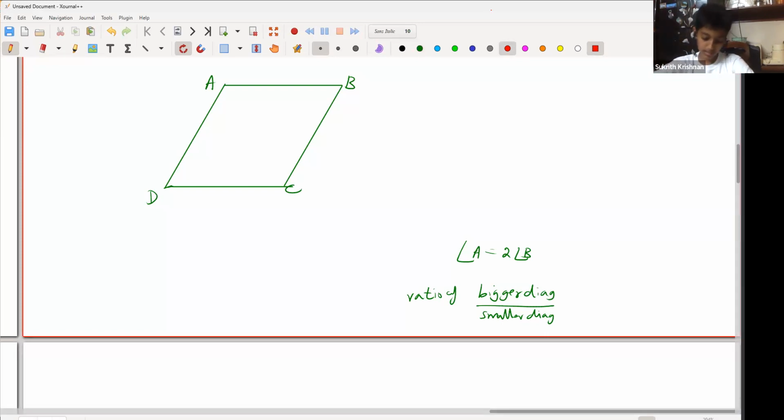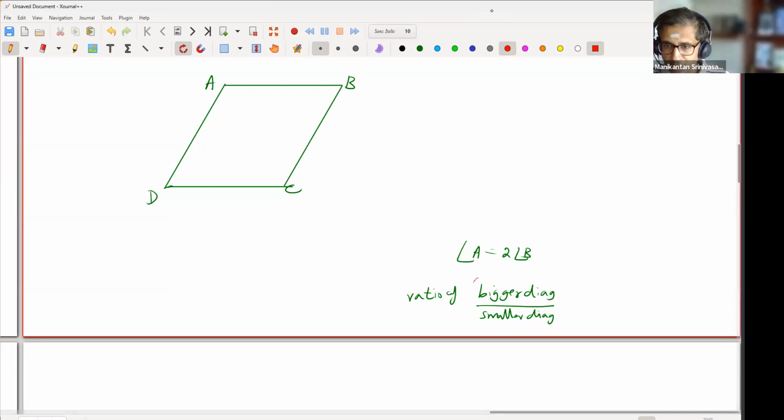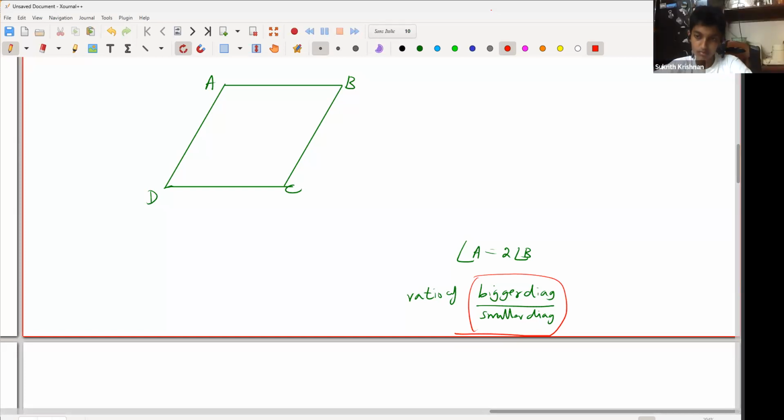Sorry, can you repeat the question? Ratio of the bigger diagonal to the smaller diagonal, the length of the bigger diagonal to the length of the smaller diagonal. It's there on the screen. You're able to see, right?